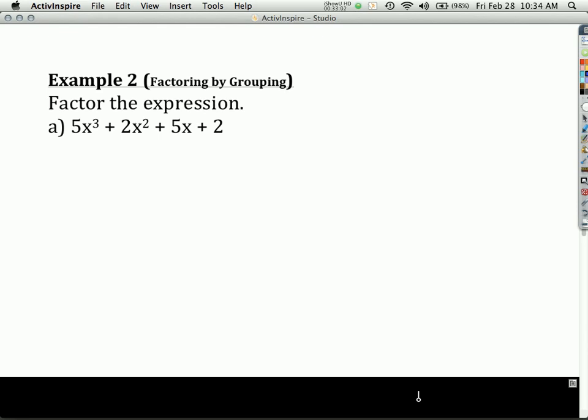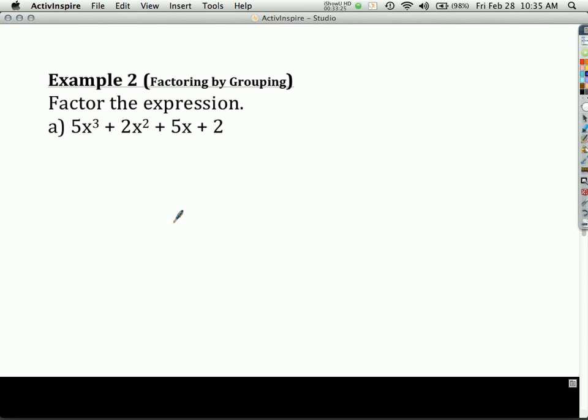So the first thing I'm going to say is, is there a common factor between all of them? Okay, well, there's a 5, a 2, a 5, a 2. No common number factor. There's an x, there's 3 x's, there's 2 x's, there's 1 x. Oh, but that one doesn't have an x. They do not all have a common factor, so there's nothing I can do with that first step.